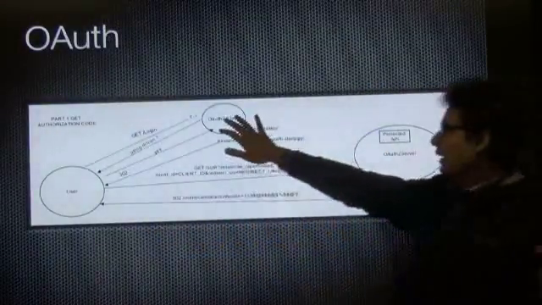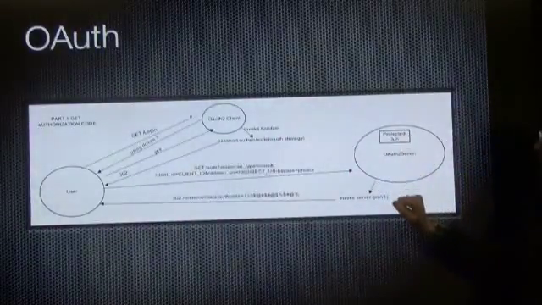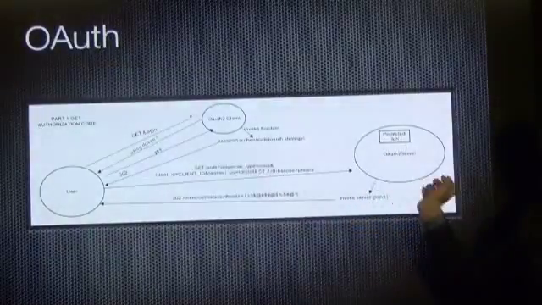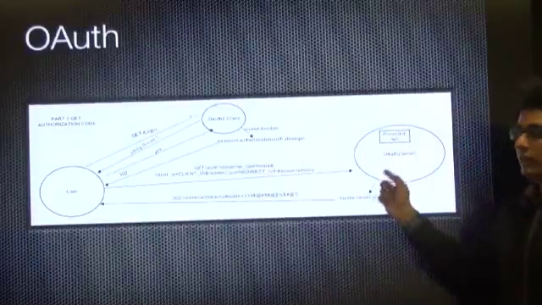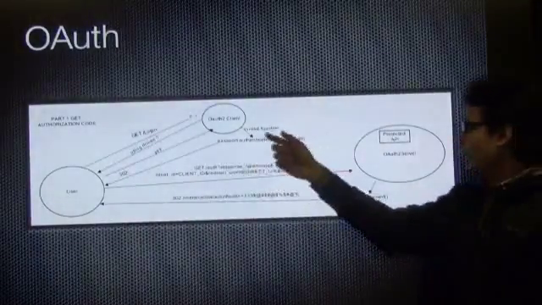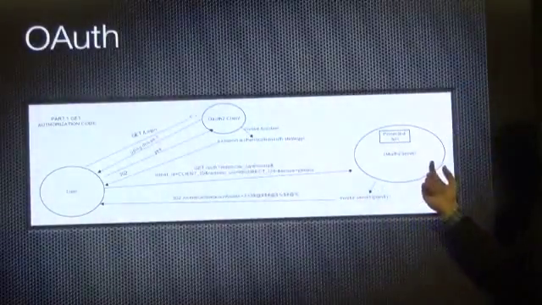There is never a direct communication between a client and a server. They talk to each other indirectly by redirecting the user back and forth. If the server wants to communicate to the client, he will redirect it to the client. Similarly, if the client wants to talk to the server, then he will redirect him to the OAuth server.